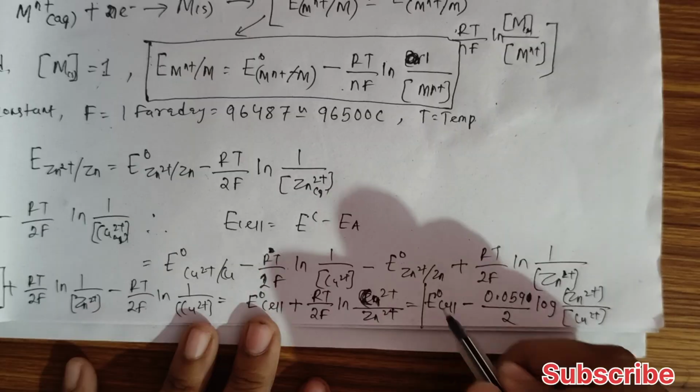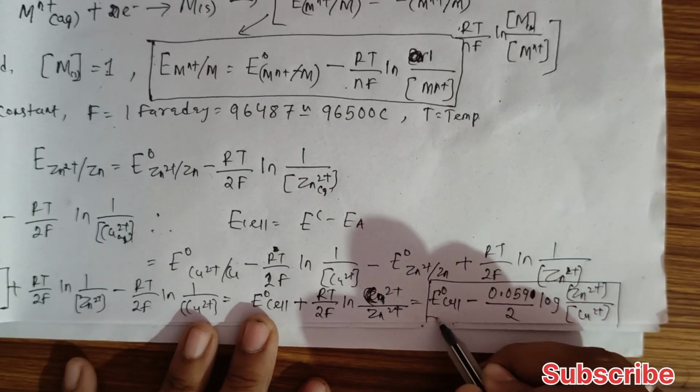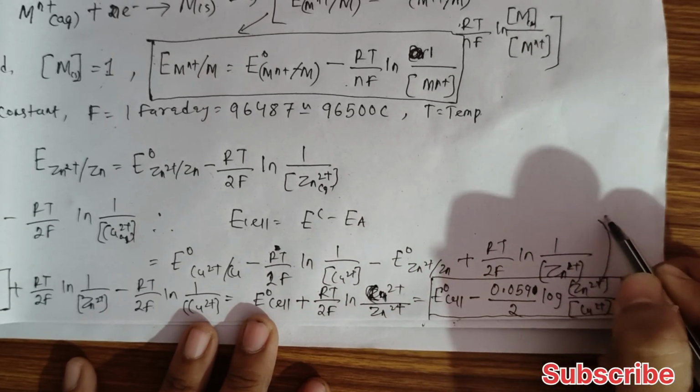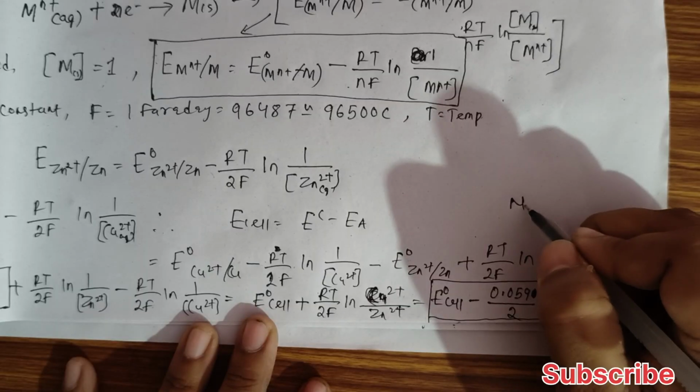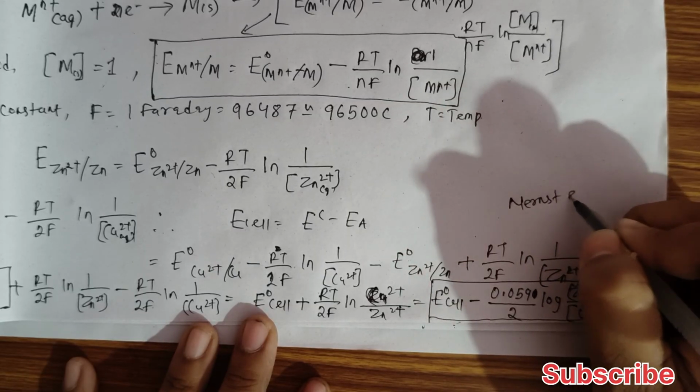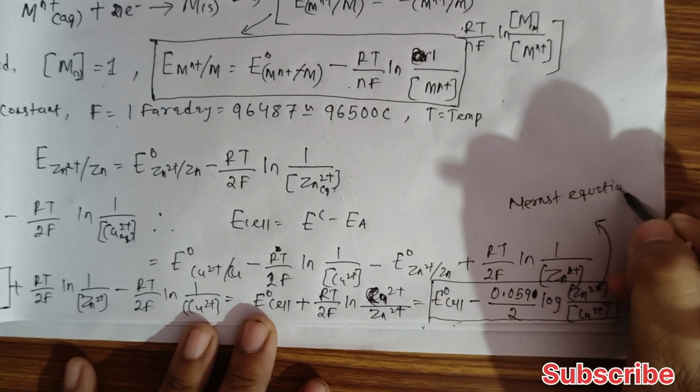This equation is for the zinc copper sulfate cell, and this equation is called the Nernst equation.